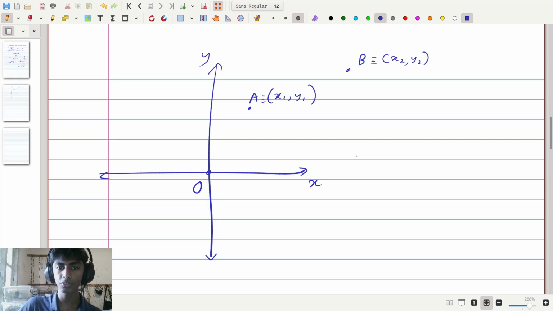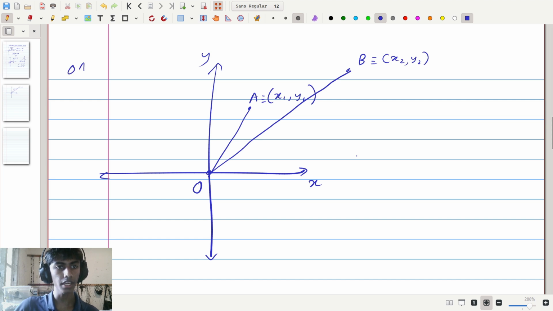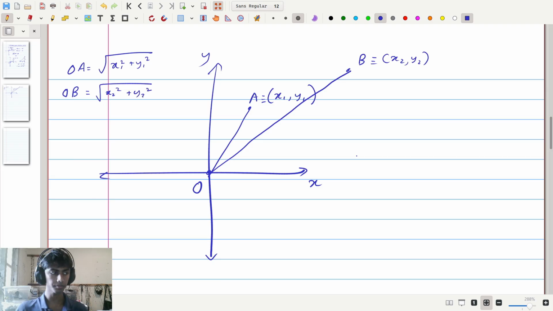If I want to find the distance O to B, I can easily find it. These distances from the origin up to the points A and B are easily findable. OA, as we found above, is the square root of x1 squared plus y1 squared. Similarly, OB from the formula we found above is the square root of x2 squared plus y2 squared.